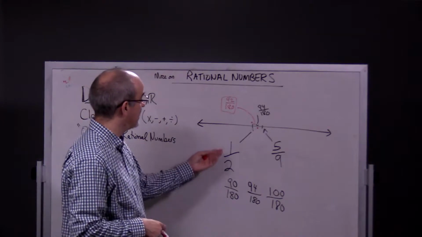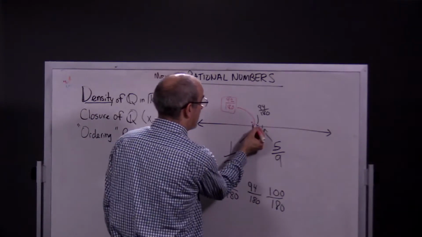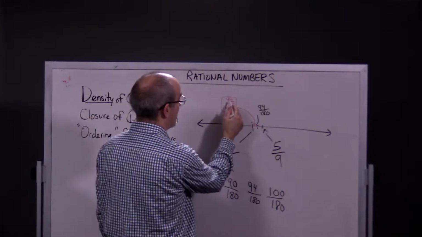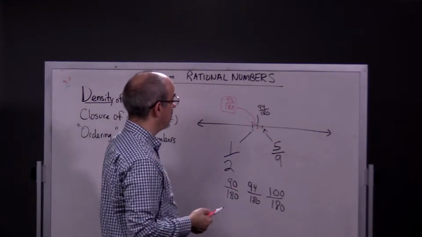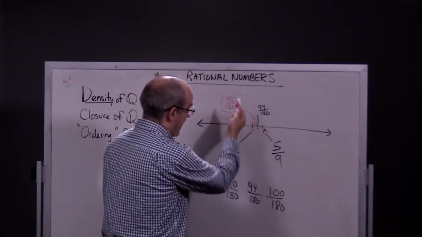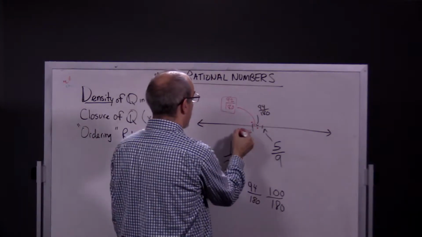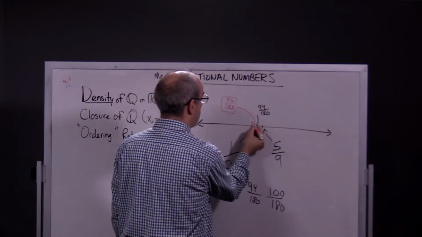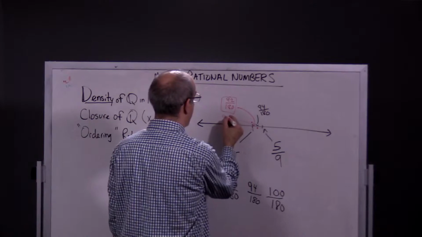Well, now you could find another rational number in between this and 1/2. Well, that's easy too. 91/180. So 91/180 would be right here.